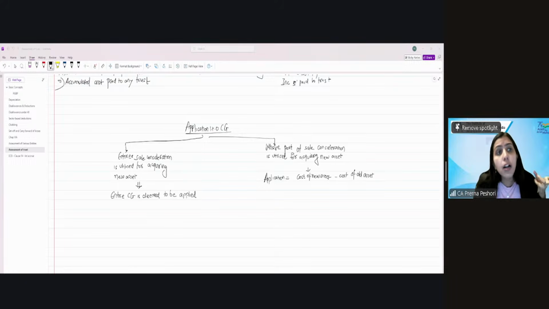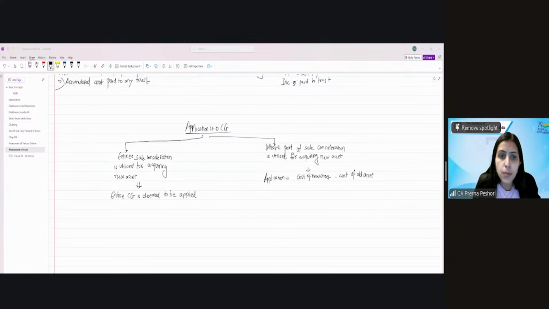However, if only a part of the sale consideration is utilized for acquiring new asset, then the capital gain deemed to have been utilized will be equal to the excess of the proceeds over the cost of the asset transferred.